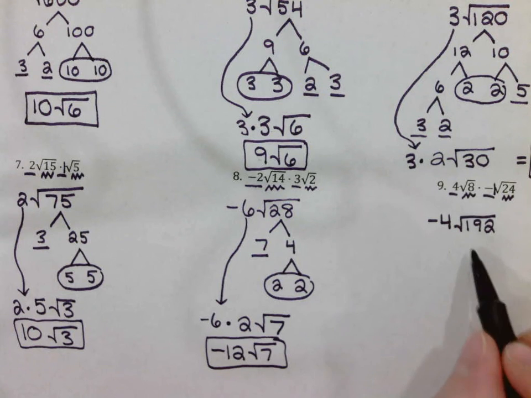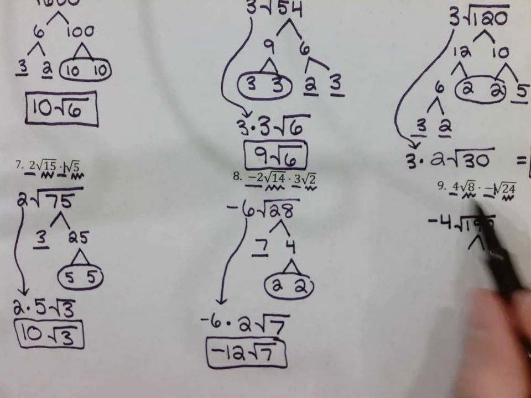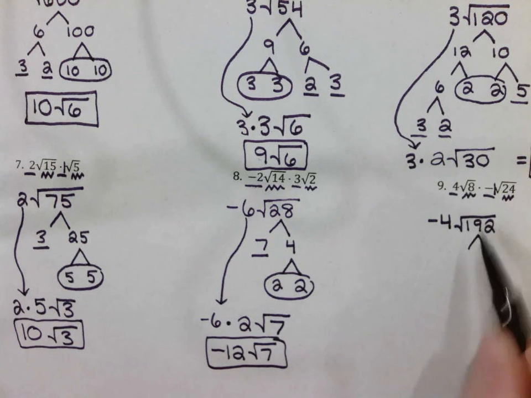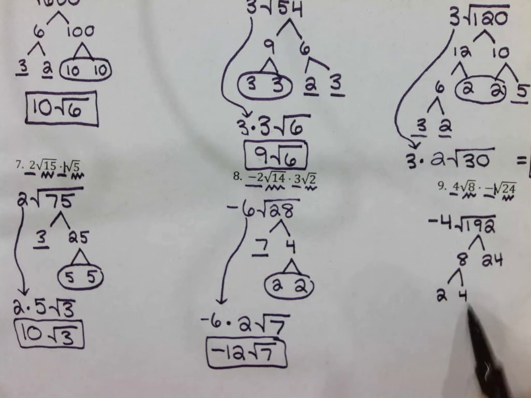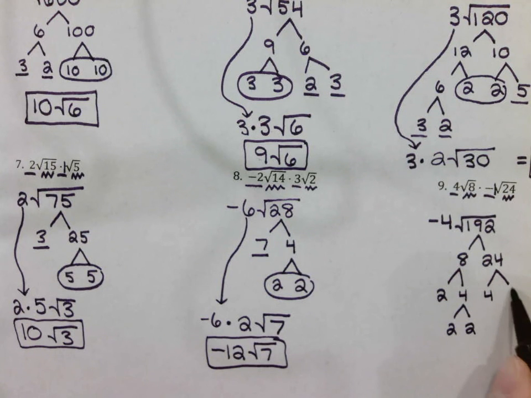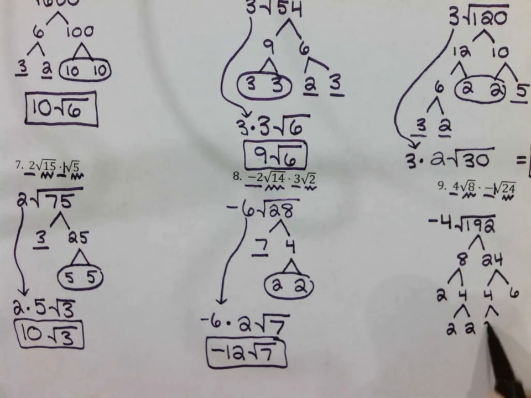Okay. And then right away, since we ended up doing 8 times 24 to get that number, we know those are two factors that we could use. Let's see, for 8, we could do 2 and 4, 2 and 2. For 24, we can use 4 and 6, 2 and 2.